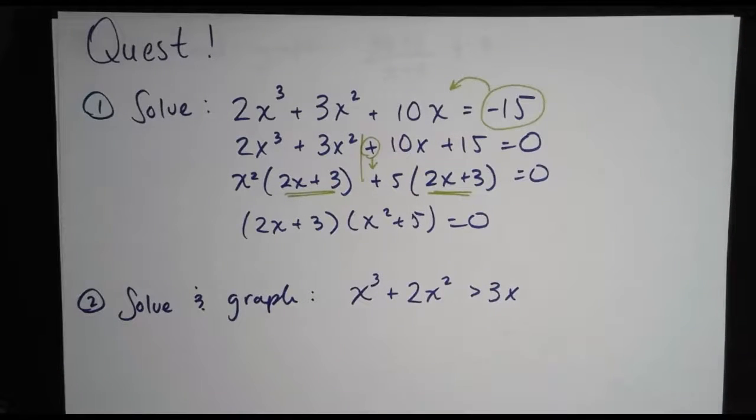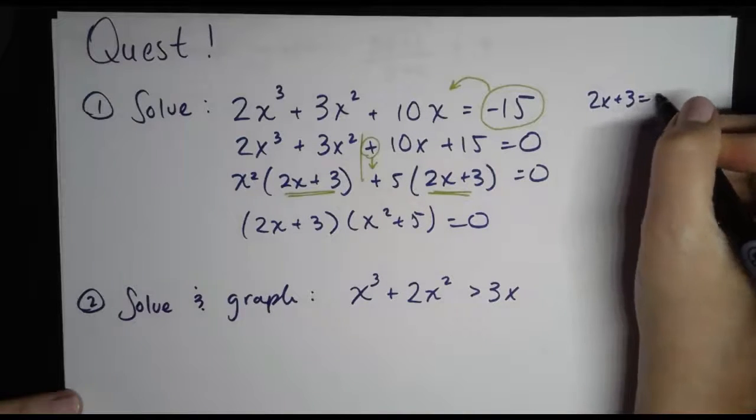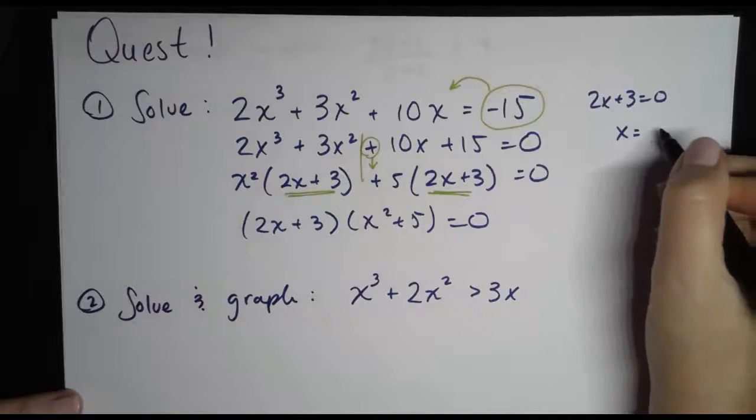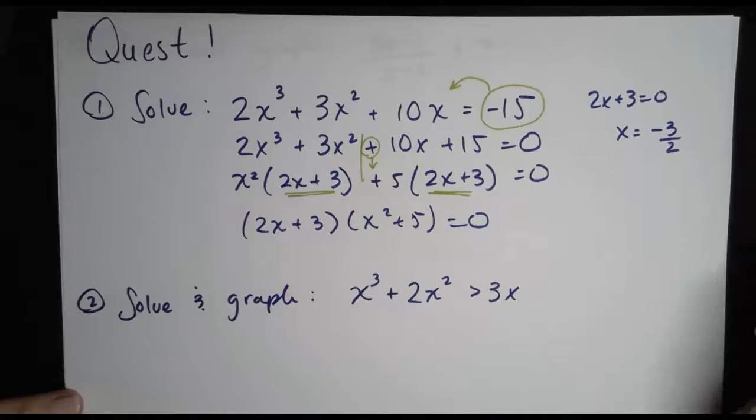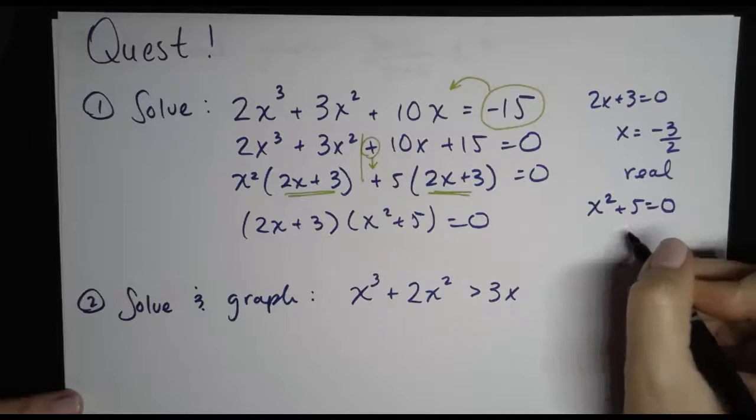Next, set each factor equal to 0. So that is going to be 2x plus 3 equals 0. So x equals negative 3 halves. That is our one real solution. Next, x squared plus 5 equals 0.